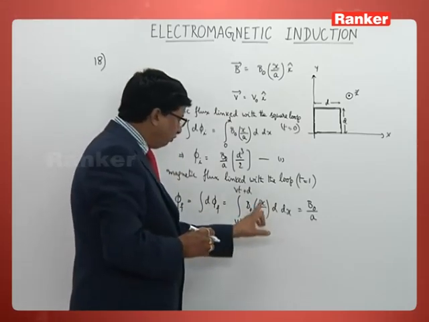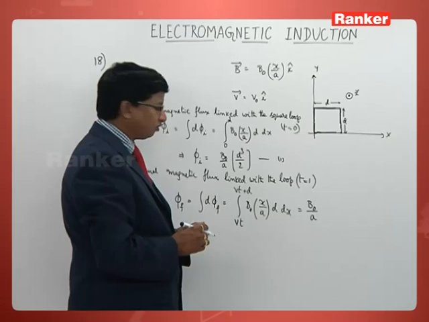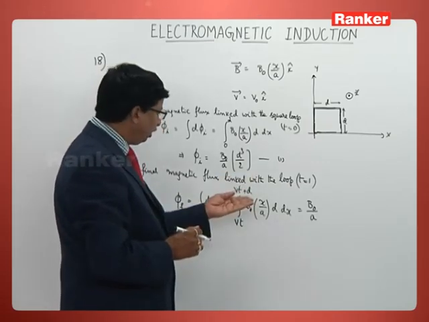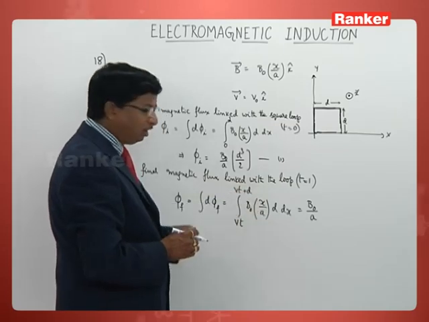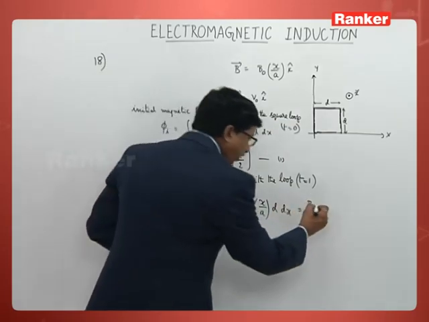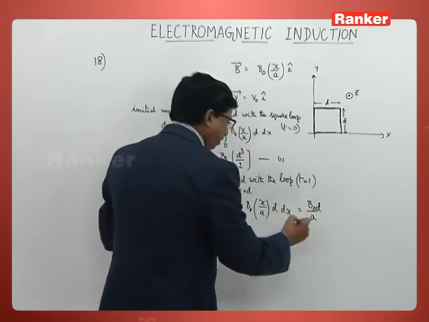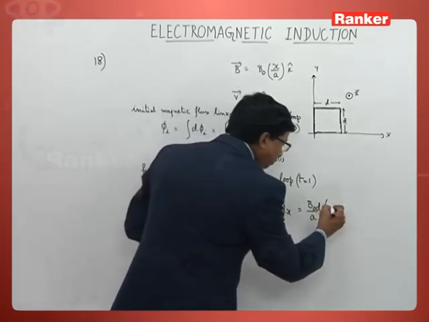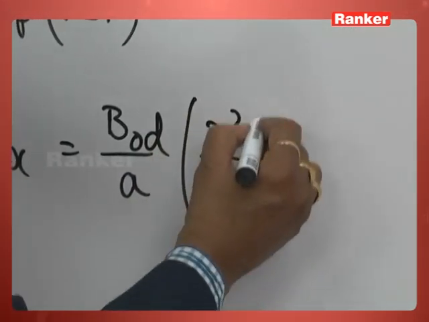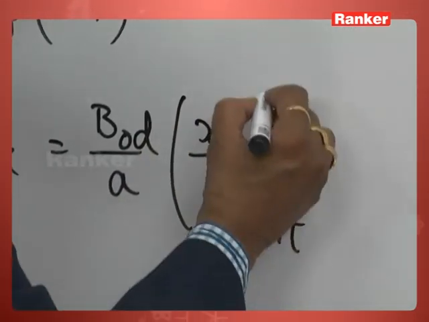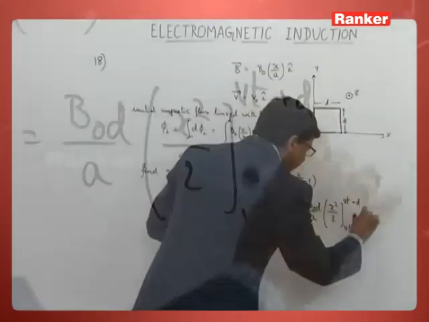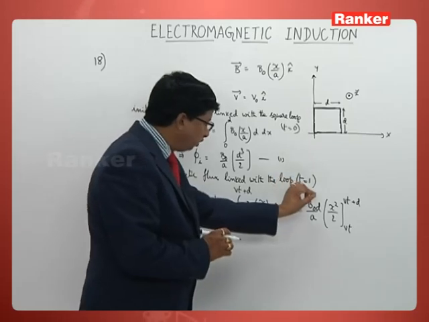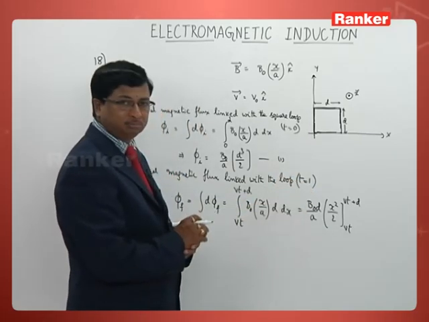This now becomes x dx, x square by 2. Can't you just understand, b naught d by a into this now becomes x square by 2 between the limits vt and vt plus d. Observe this particular point carefully, that's all.